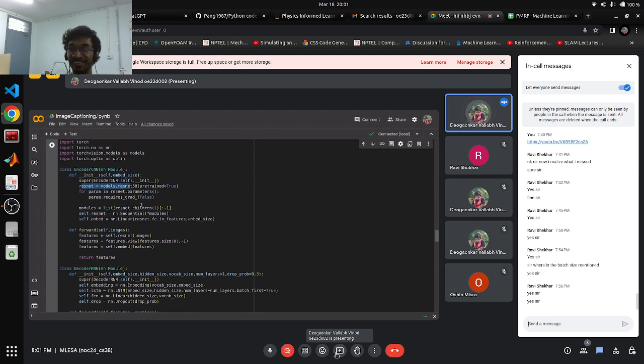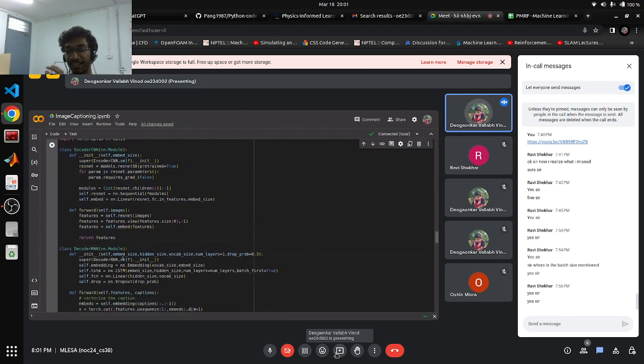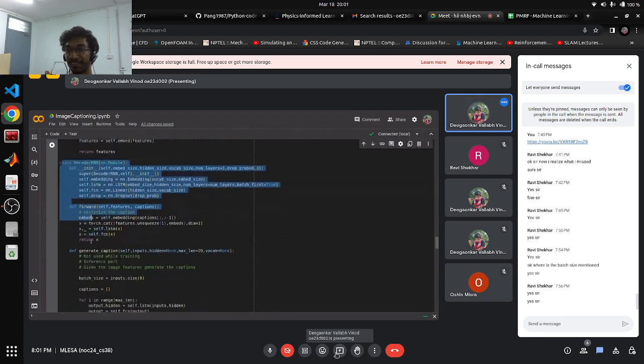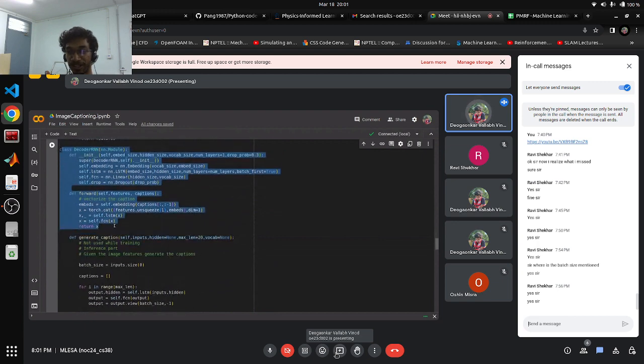You can go and look at the pre-training and all of that. For now, just know that I'm using the CNN architecture that we studied today as my encoder, and I can get a shrunk down version of that entire image, and I'm using the LSTM model as my decoder.